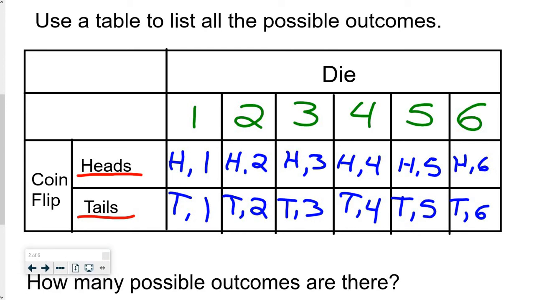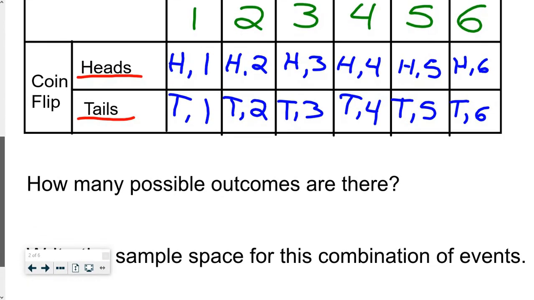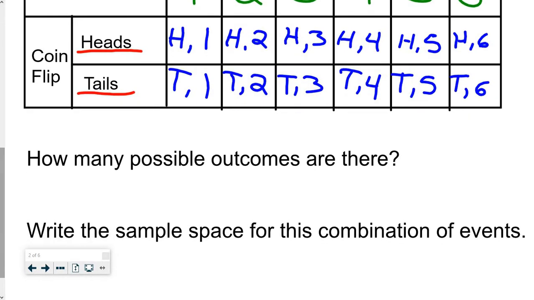So the question's down here. How many possible outcomes are there? We have, independently, 1, 2, 3, 4, 5, 6, 7, 8, 9, 10, 11, 12 different possibilities.